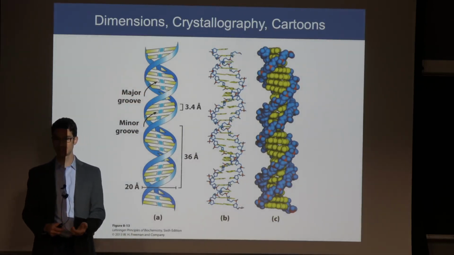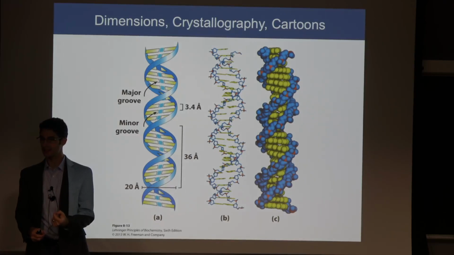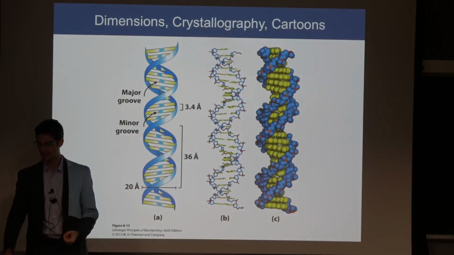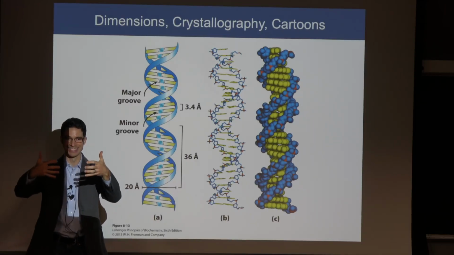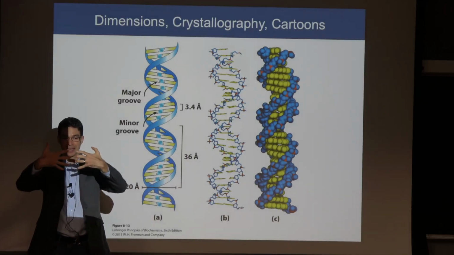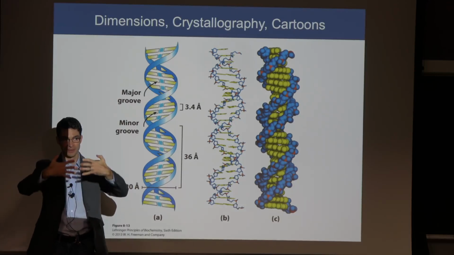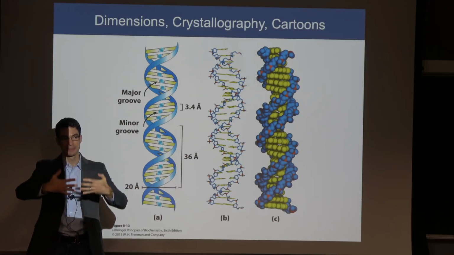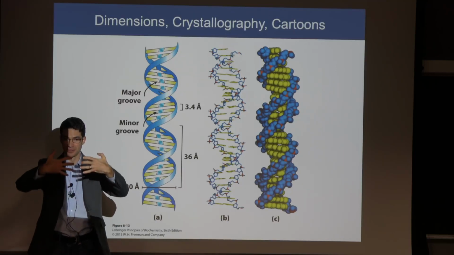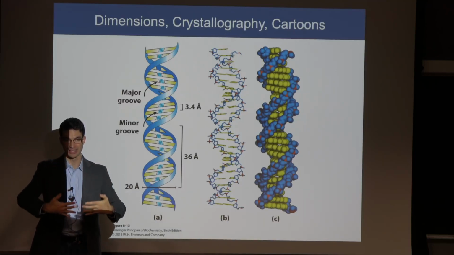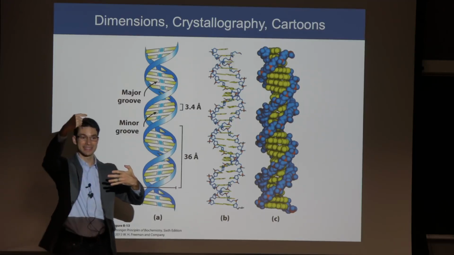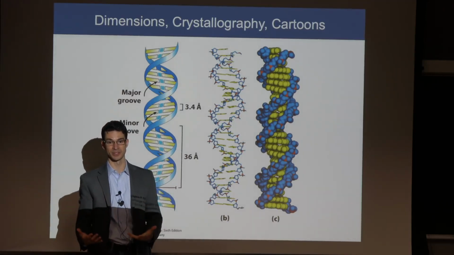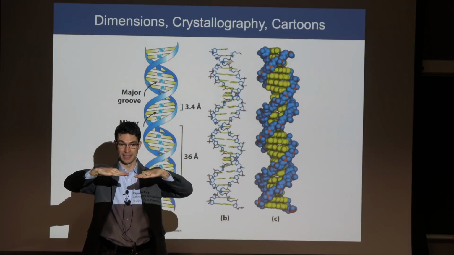One misconception, and this is because this is the way that the DNA is always drawn, is that we tend to think of the AT and CG base pairs as being arranged with their axes parallel, the flat molecules with their axes parallel to the helical axis, but that's not actually the way that they are. They're more like a ladder.